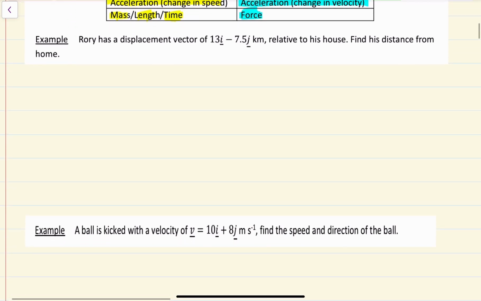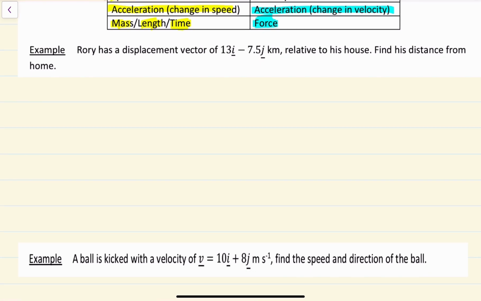Okay, going to look at a couple examples here. And this is going to bring in the ij components as well. So it says Rory has a displacement vector of 13i minus 7.5j relative to his house. Find his distance. Okay, what on earth does this mean? So first of all, 13i means I go 13 to the right, minus 7.5j. j is the 1 unit vertically up.